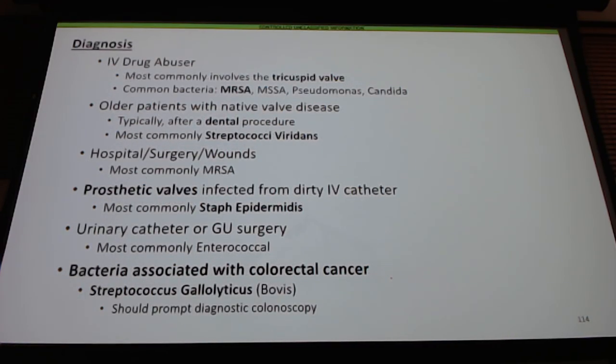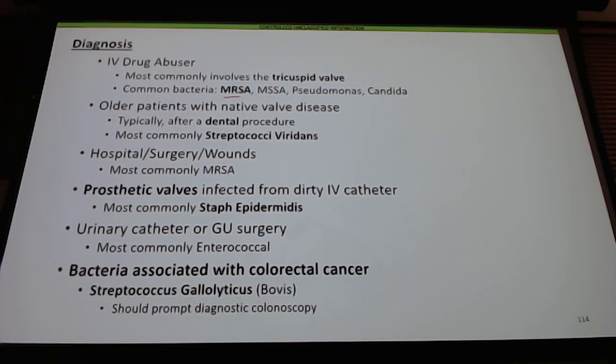And then when we go to start treatment for this, remember it's going to take 1 to 2 days to get any results on the culture that you got. So you have to start antibiotics based on the most likely organism affecting that individual. If somebody is a drug user, typically you're going to start treatment for MRSA, but understand that it could be a number of other really bad bugs, including Pseudomonas and Candida.